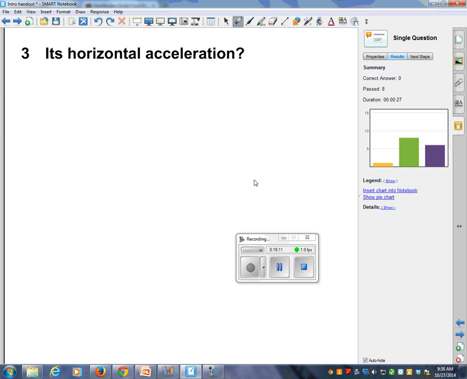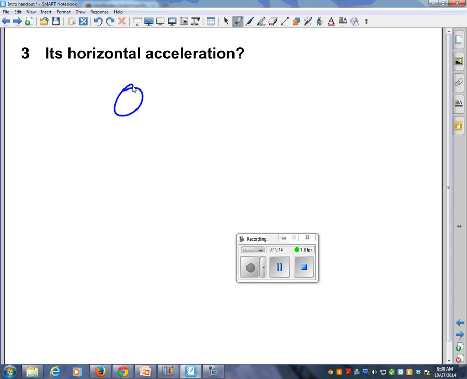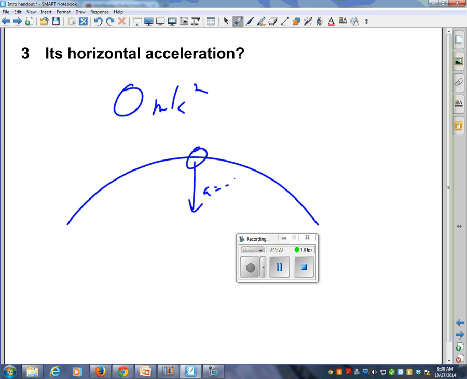Correct answer is 0. That is correct. What is the horizontal acceleration? A big fat 0. How come? What force is providing the acceleration down? Gravity. What force would be applying the acceleration sideways? There is none. Therefore, the acceleration is 0.